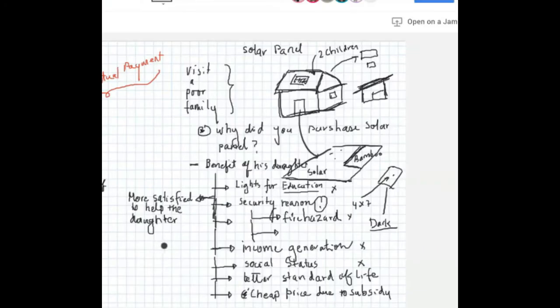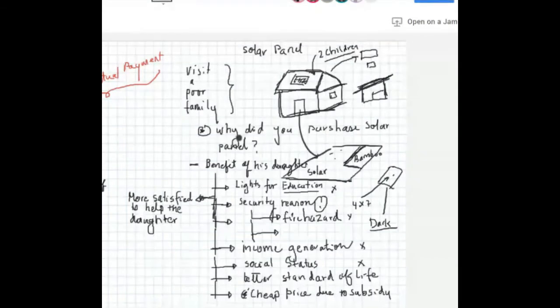So I guess he goes to that house for his daily meal and all. So I don't think he needs electricity as much as his daughter does, and there are also more people in that house. So utility is more if he establishes the solar panel in that house, and he is more satisfied to help the daughter.